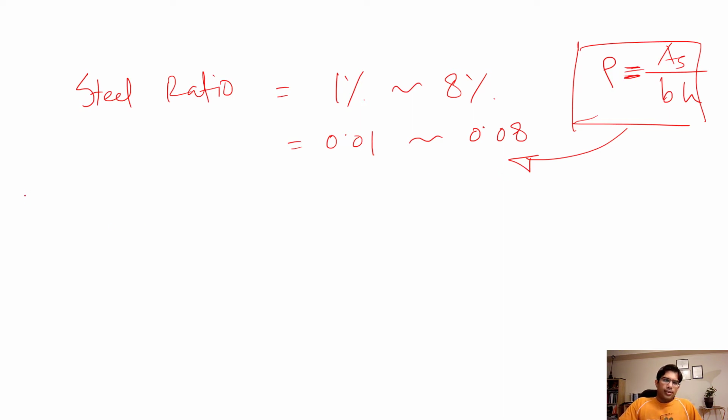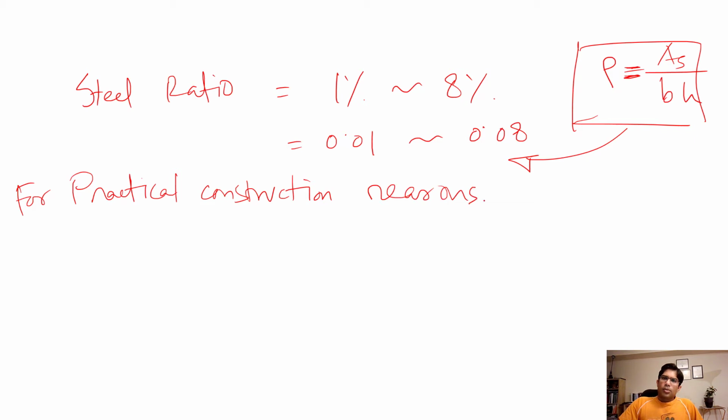However, for practical construction reasons, we can never make it more than 4%. It becomes too much congested. So the steel ratio rho is always between 1% and 4%, so our value is always between 0.01 and 0.04.